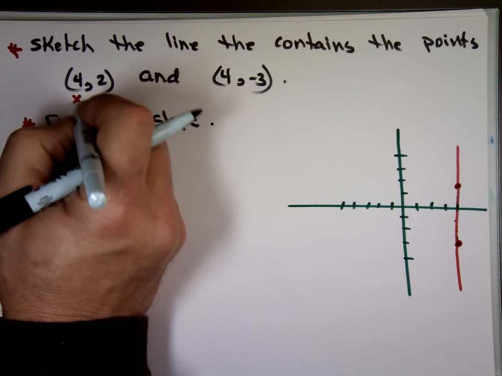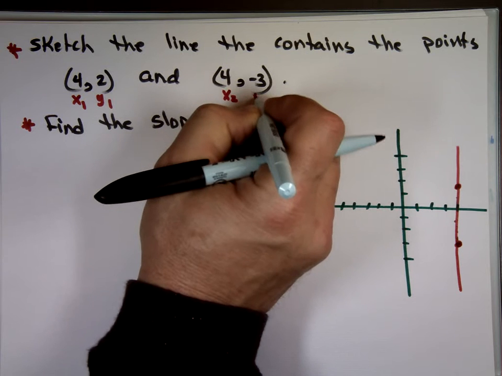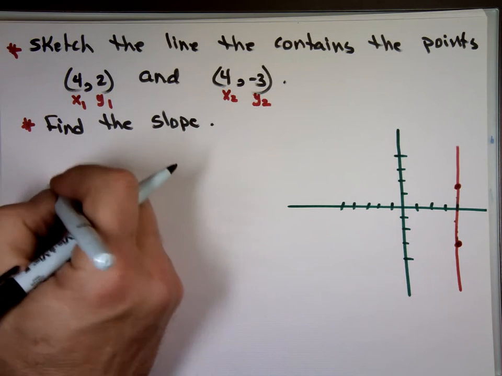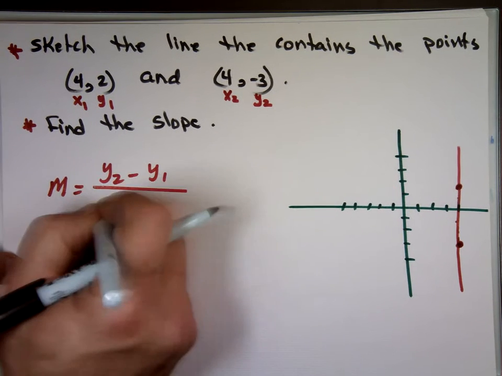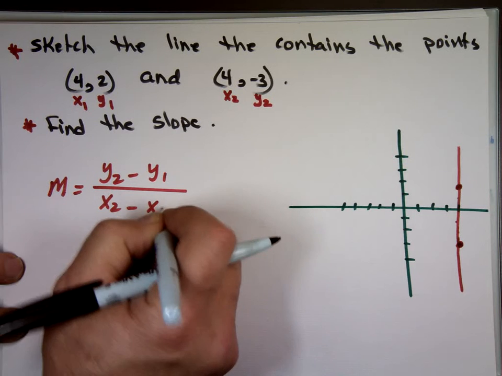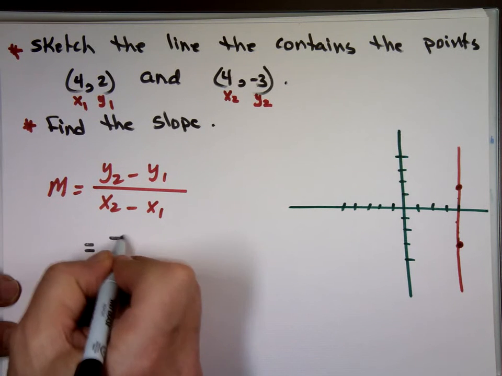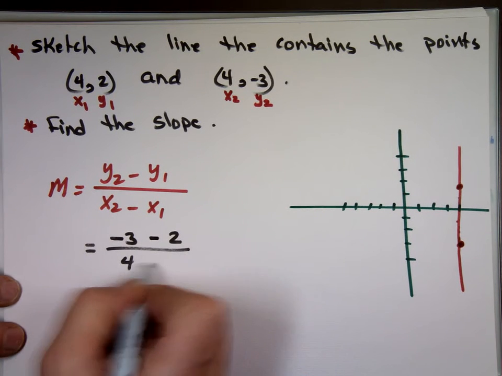x1, y1, x2, y2. Fill in the blank. What is y sub 2? Negative 3. Minus y sub 1, which is 2, over 4 minus 4.